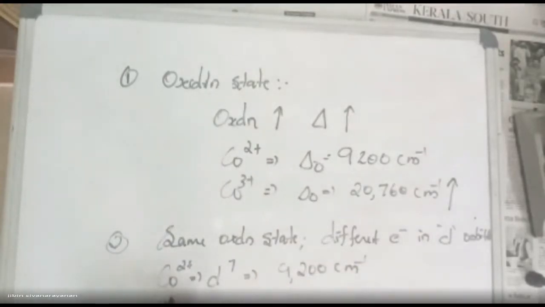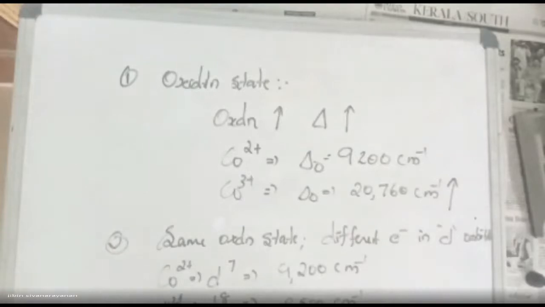It is nickel 2 plus, so the electronic configuration is d8. So what is happening is the splitting is decreasing.